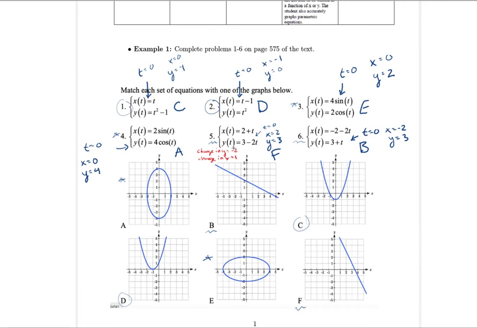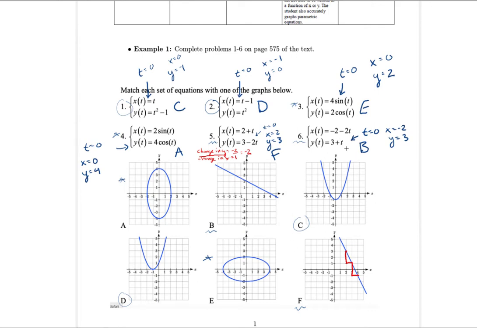Well, a change in y divided by a change in x, remember, gives you the slope, right? So we know that the equation number 5 has to have a slope of -2. And that's exactly what you have here. Down 2 over 1, down 2 over 1. So that's another way we could know that 5 goes with F.